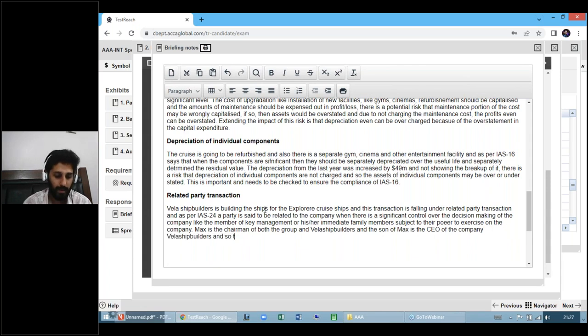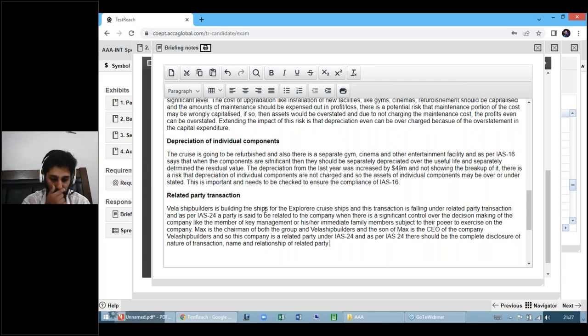And so this company is a related party under IAS 24, and as per IAS 24, there should be the complete disclosure of the nature of transactions, name and relationship of the related party, including any outstanding balance.